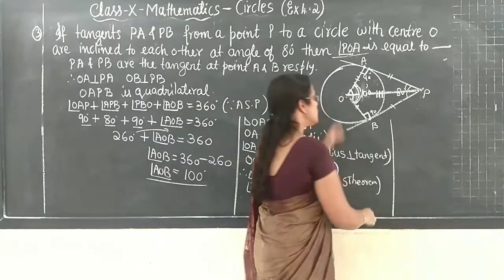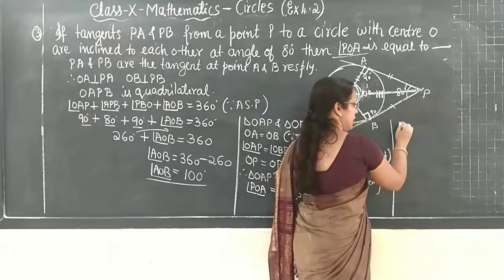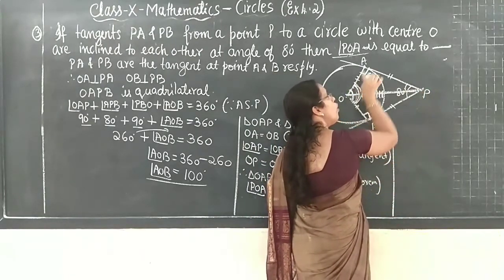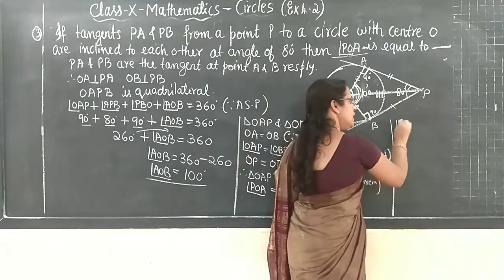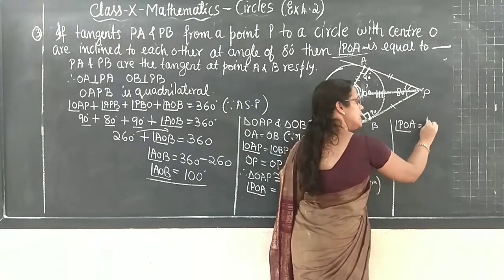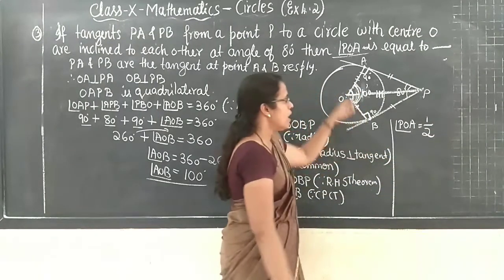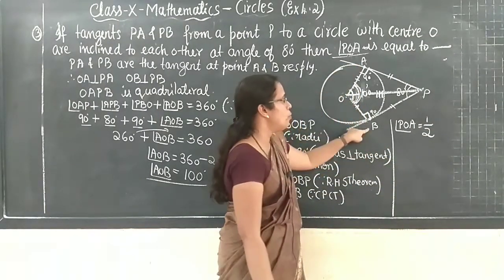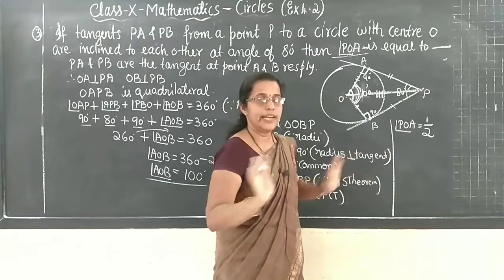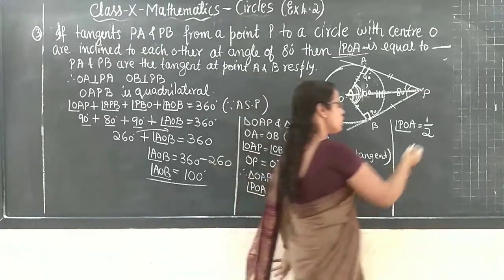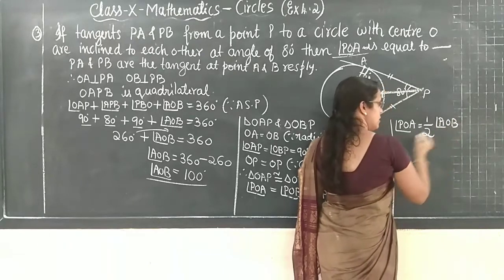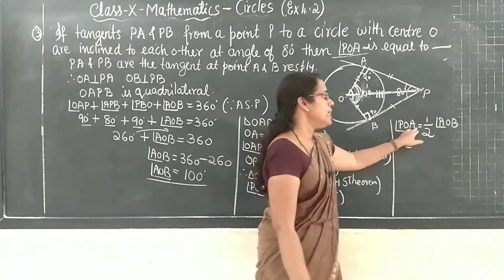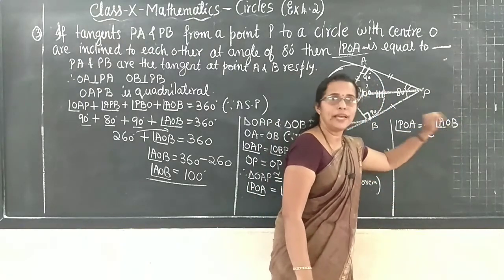Exactly half means what can we write? Therefore, angle POA is half of angle AOB. Full angle 100, its half now. So POA is half of AOB.